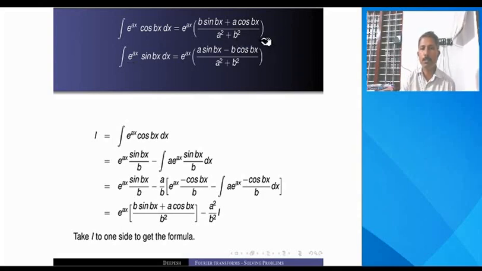I am not putting the integral limits here, but you can evaluate from a to b by putting in the limits. And similarly for sine, if you multiply e raised to ax by sin bx and integrate it, then instead of b sin bx plus a cos bx, you will have a sin bx minus b cos bx.